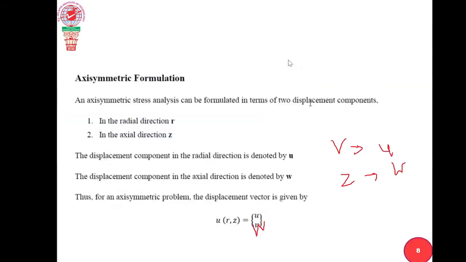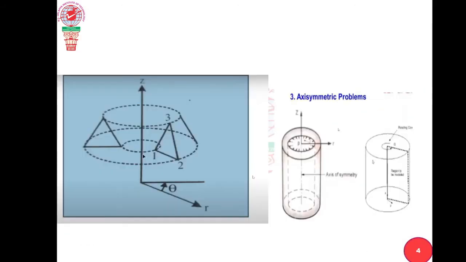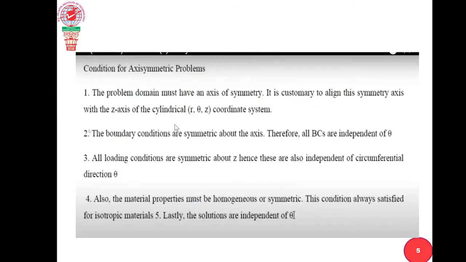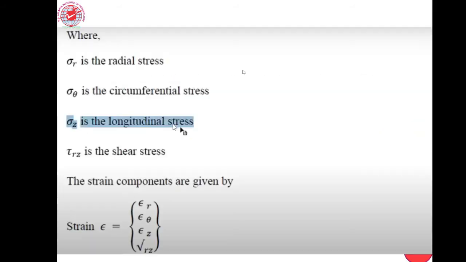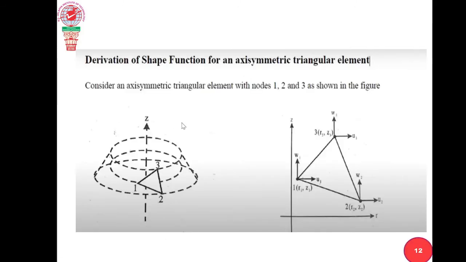See, all axisymmetric elements are a kind of triangular element. Triangular elements means the shape is triangular along with three nodes: one, two, three, at the three corners. So all axisymmetric elements are in triangular form, not quadrilateral or tetrahedral.